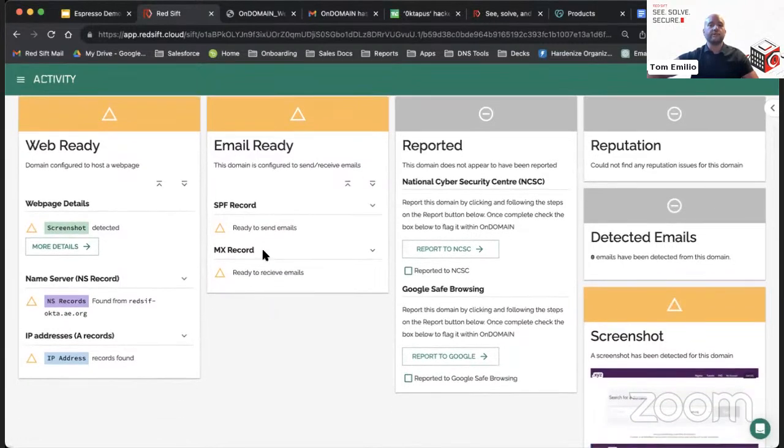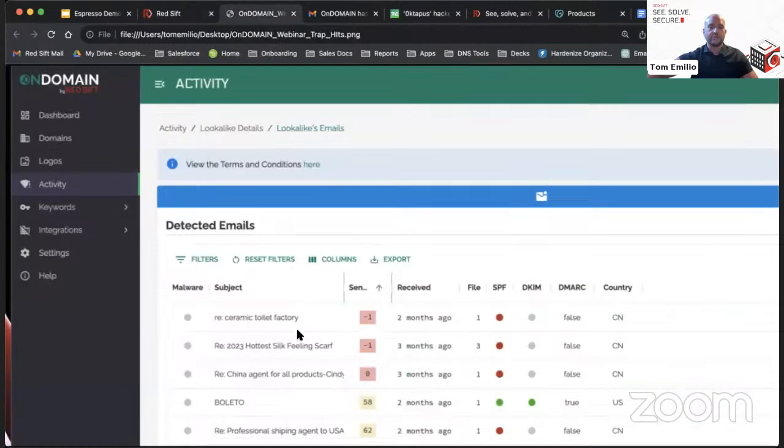And a really cool feature, a lot of folks are probably email focused, and we talked about what DMARC does and doesn't do. But on the lookalike level, we also have the opportunity to detect if emails have actually been sent. There was nothing nefarious going on with this, but I did take a general screenshot to show you what we have, because we have Honeypot's trap network baked into the solution.